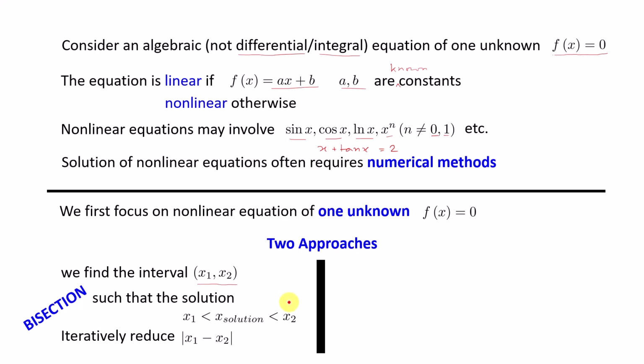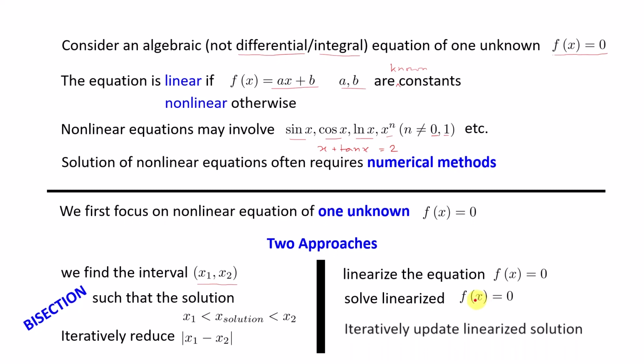The other approach is that we can solve linear equations, so we linearize the nonlinear equation, and how we do so we will look into it, and this linearized equation we solve. But linearized equation is not the actual equation, so that is not the correct solution, so we iteratively update this linearized solution.